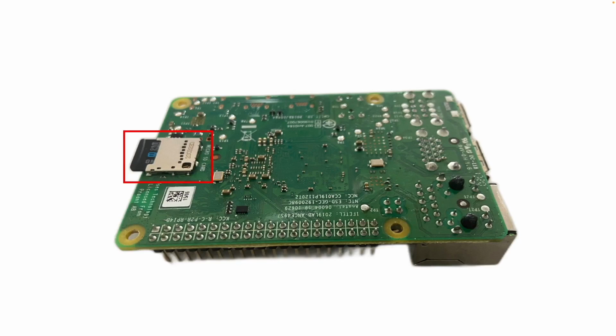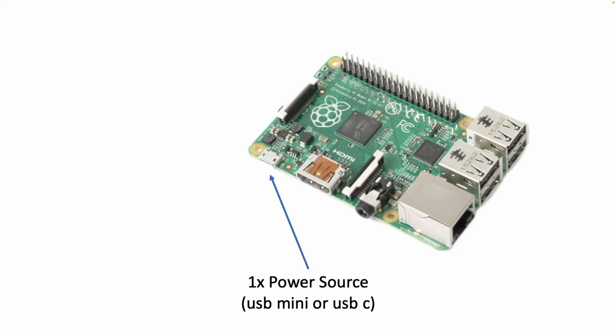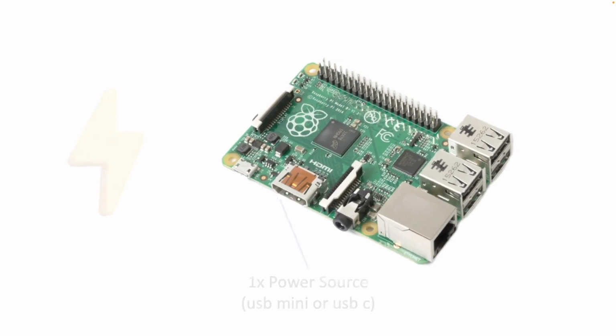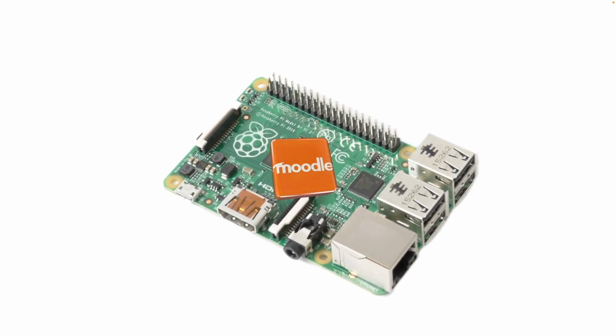Put your SD into the Raspberry Pi. Plug your Raspberry Pi into electricity. And now, every time you start your Raspberry Pi with your SD memory, it will start directly on Moodle. More exactly, on the Moodlebox.